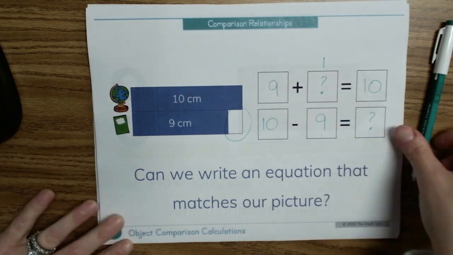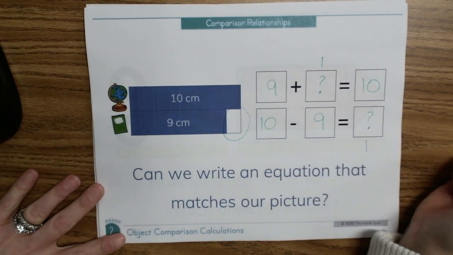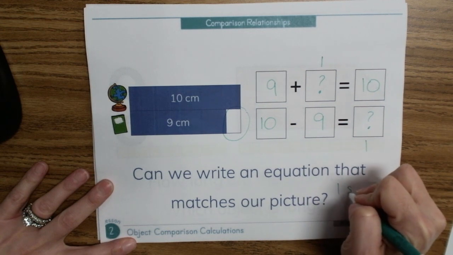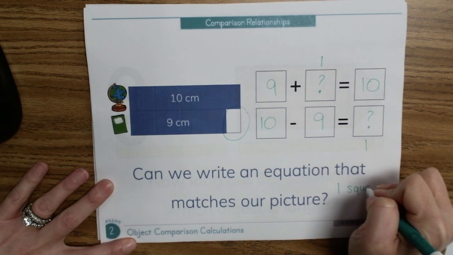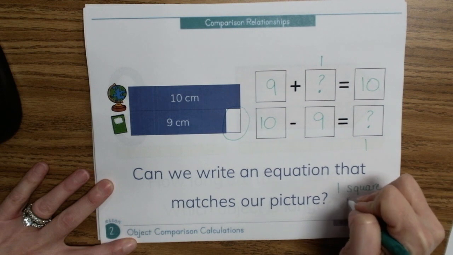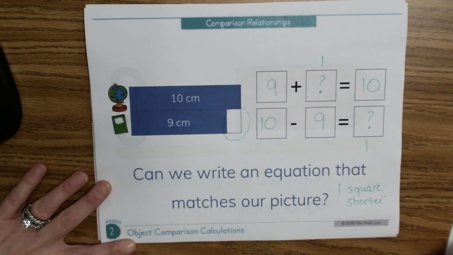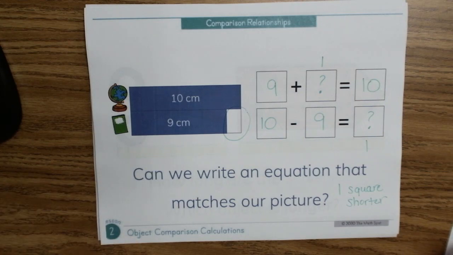Just 1. So he is 1 square shorter. Okay, I know that's tricky, but you guys got this, okay?